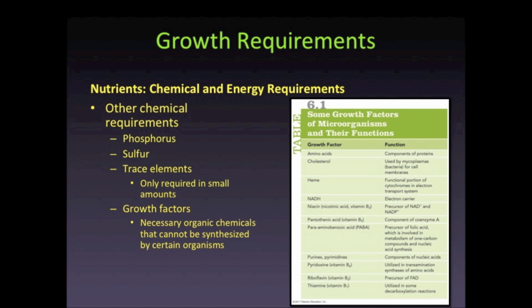Growth factors include such molecules as vitamins and amino acids. Humans are an example of an organism that requires growth factors. We must acquire certain amino acids and vitamins in our diet because our cells do not have the biosynthetic pathways to synthesize them. Microorganisms that require growth factors are no different. Required growth factors must be acquired from their nutrition.